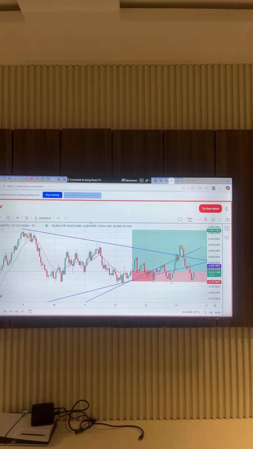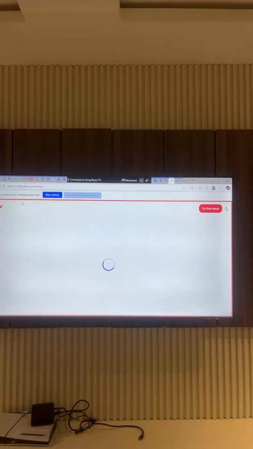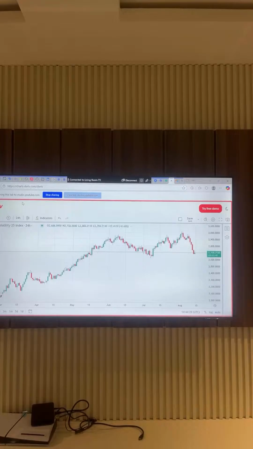So this is synthetic, derived to be specific. So how do you analyze derive? Let's start from the beginning, without a saved chart. So here we go.